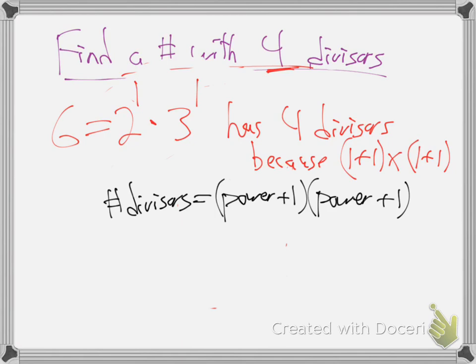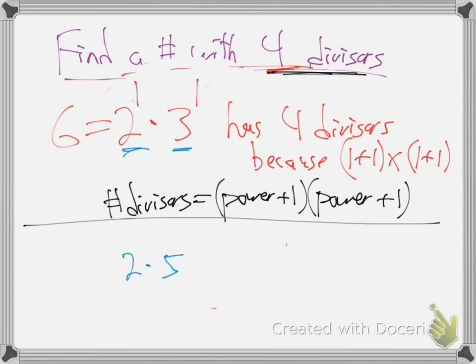Good? So can you tell me another number that would have exactly 4 divisors? What's another one? Could I use different primes other than 2 and 3? How about 2 and 5? Those are primes, right? What powers do I want on them? First power again, right?